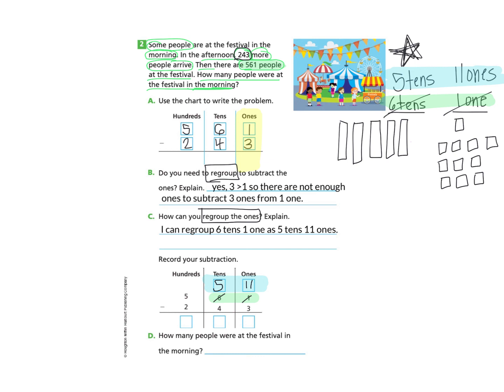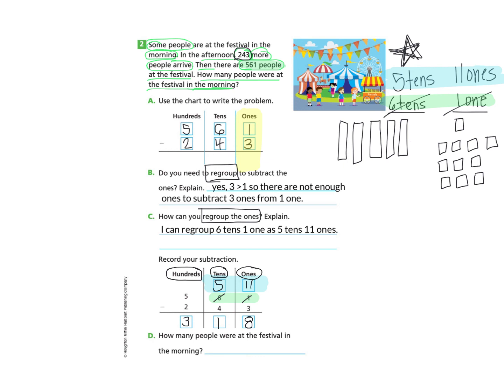We can say 11 take away 3 in our ones column, and that would give us 8 left over. Then we move on to our tens column, and we have 5, and we're asked to take 4 away. And when we do that, we are left with 1 ten left over. And then to complete the problem, we go to the hundreds column, and we have 5 take away 2, which we know gives us 3 hundreds left over.